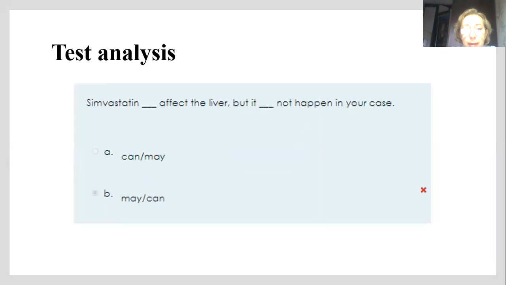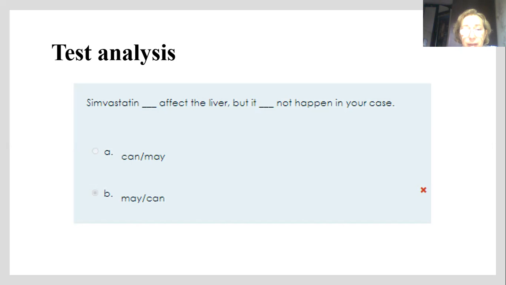Well, as for the next question: simvastatin may affect the liver, but it may not happen in your case. When we were speaking about the use of modal verbs can and may, we emphasized that may is used when possibility is stronger.